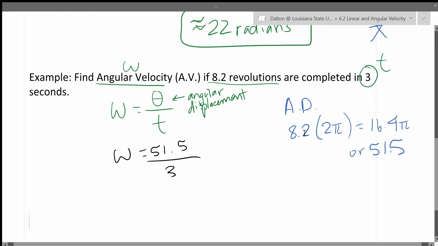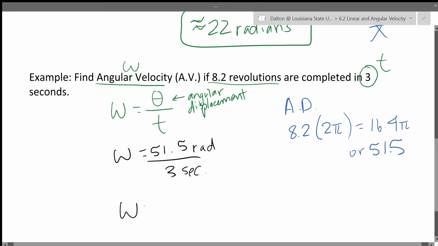Now, let's put units here. This is going to be 51.5. When we talk about angular displacements, these are in radians, so we put rad, per time in seconds. Omega, our angular velocity, anytime we have a velocity, is the ratio of distance to time.